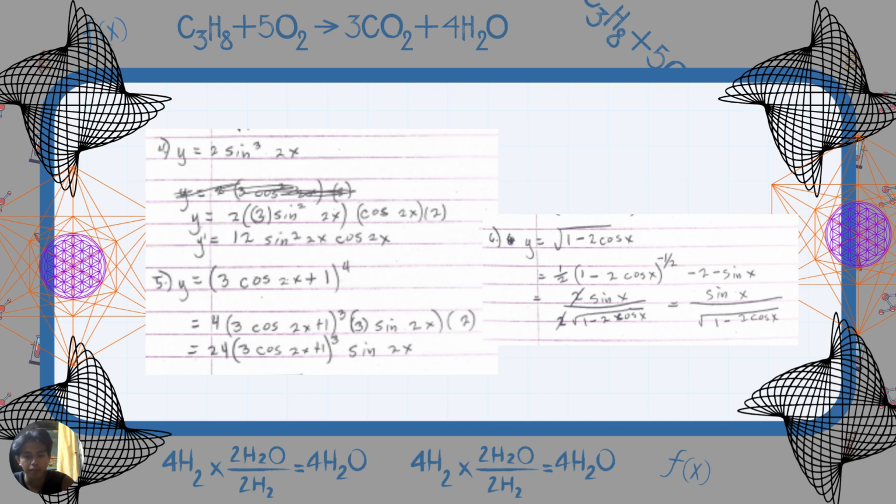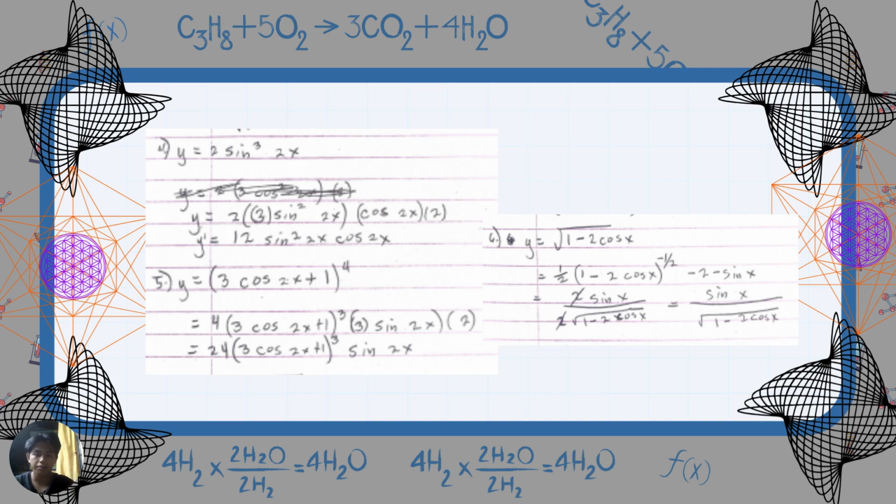And then, since the exponent of our first derivative is negative 1 half, we're going to put it in our denominator. And then, since we can eliminate that constant, which is the 2, we're going to eliminate that. So our final answer would be sine x over square root of 1 minus 2 cos x.